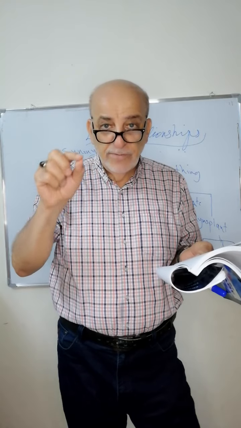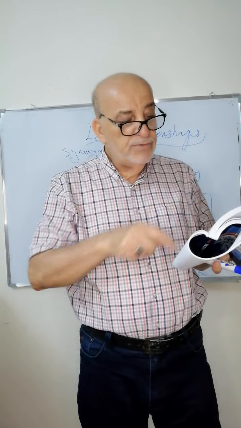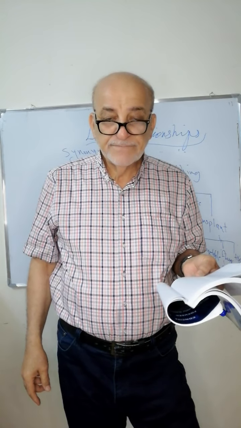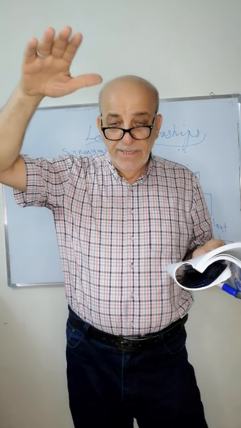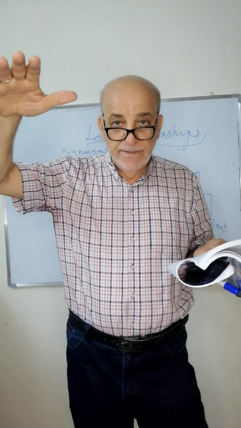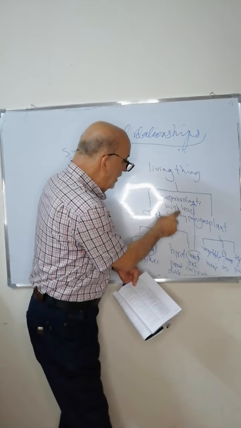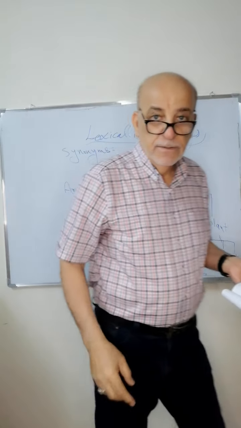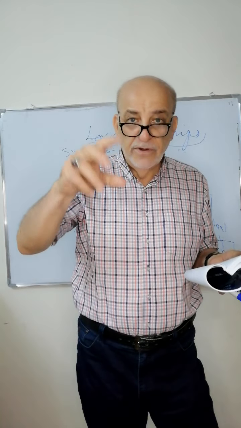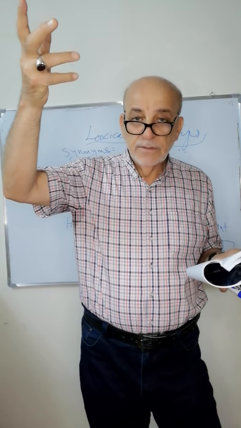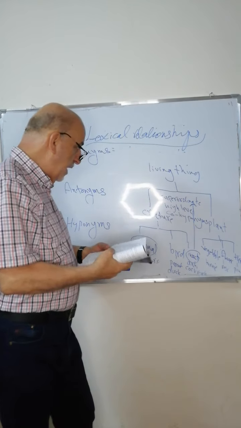Daffodil is included in the word flower. So flower is the superordinate. Daffodil and rose are co-hyponyms. One meaning is included in the meaning of another, which is larger than it. Right. This is as far as hyponyms.